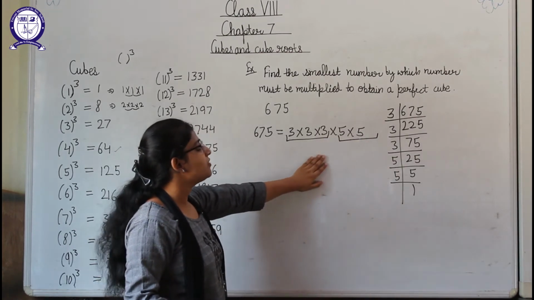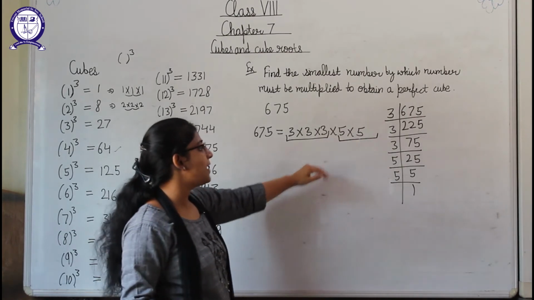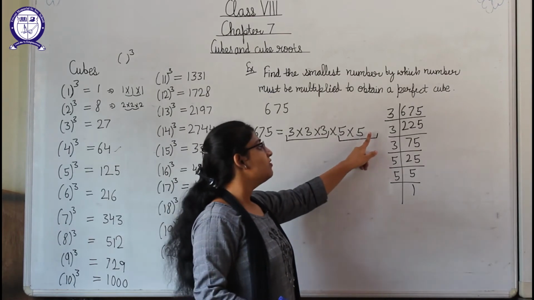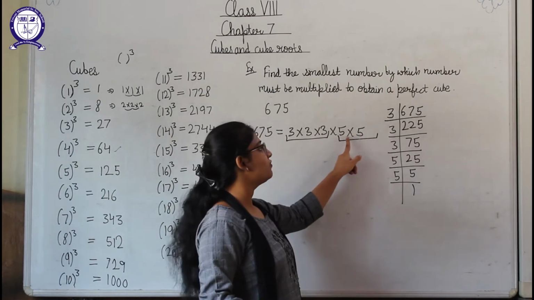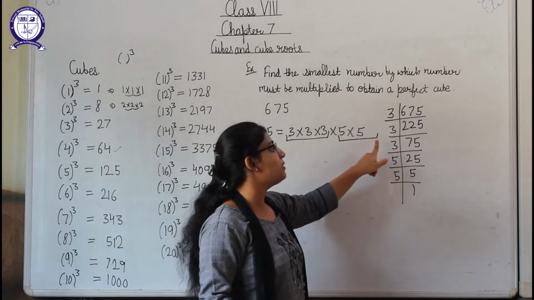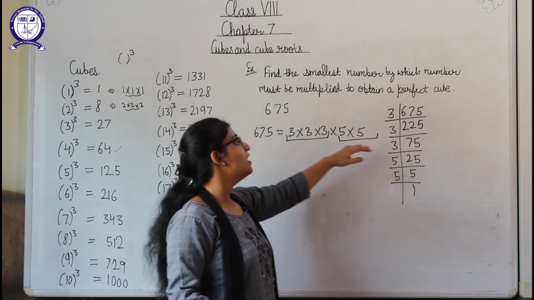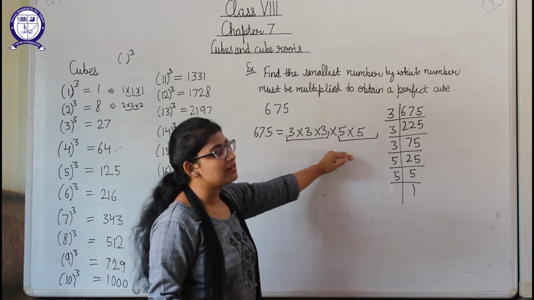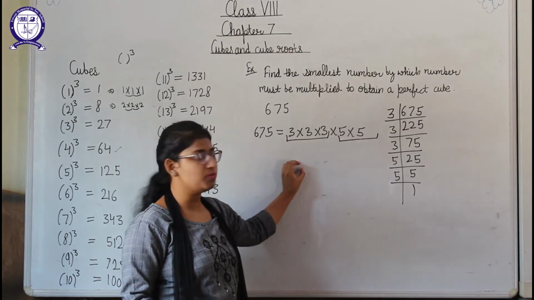So by what number should we multiply this? We should multiply it by 5, so that when 5 is multiplied, 5 into 5 into 5 means there will be 3 fives. So it can become the perfect group, and when we get perfect groups, then we can make the perfect cube also.